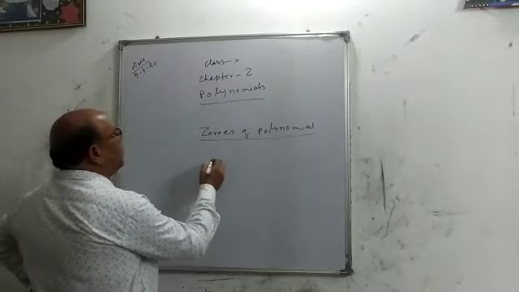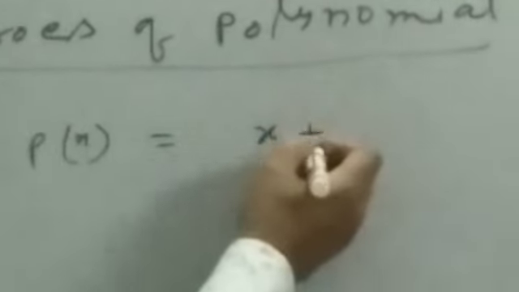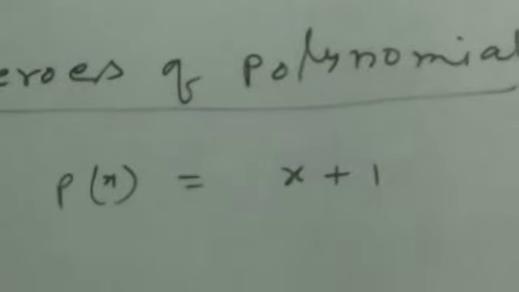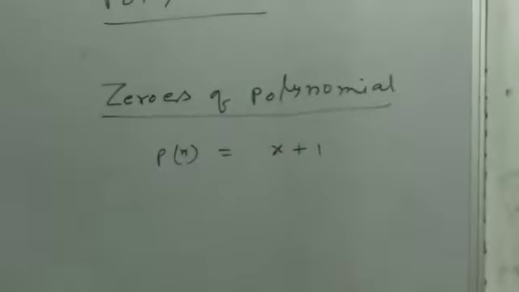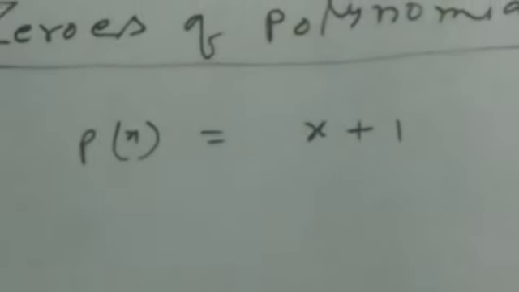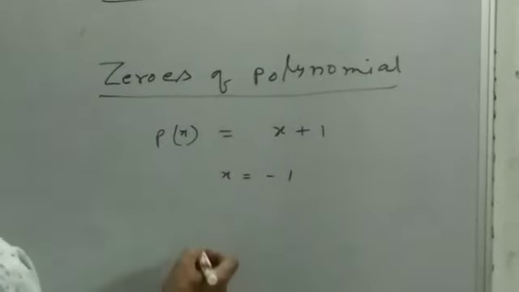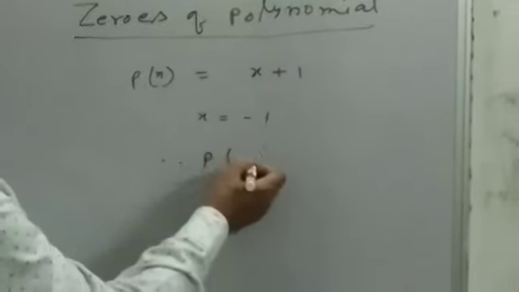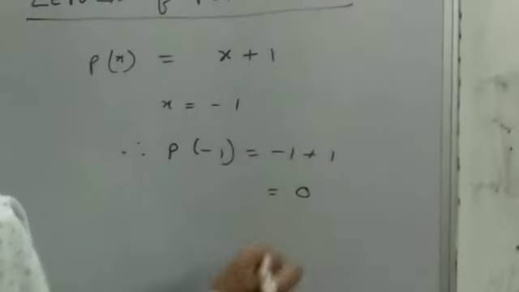For example, we consider a polynomial p(x) equal to x plus 1. It's a linear polynomial. We can find the zero of this polynomial by the trial and error method. If we put the value x equal to minus 1, then p(minus 1) is minus 1 plus 1, which is equal to 0.